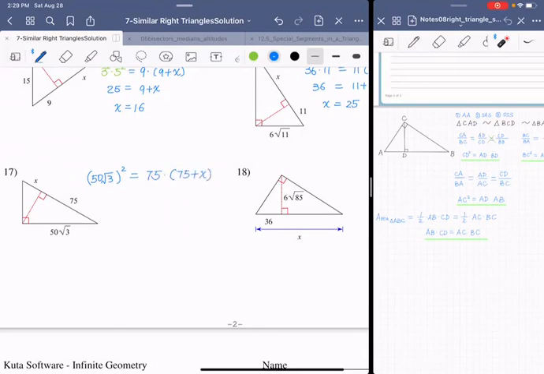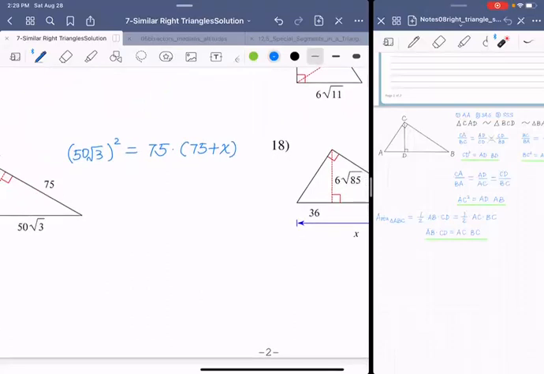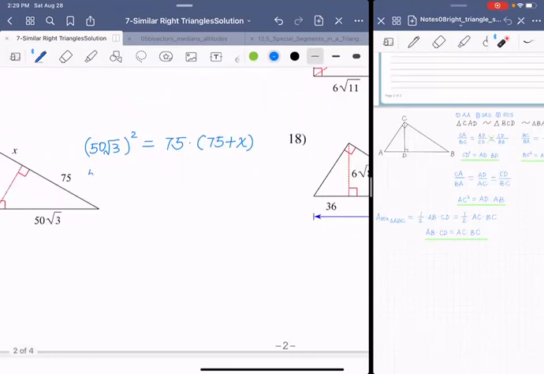Okay. We can do 50 times 50 times 3. Make sense?